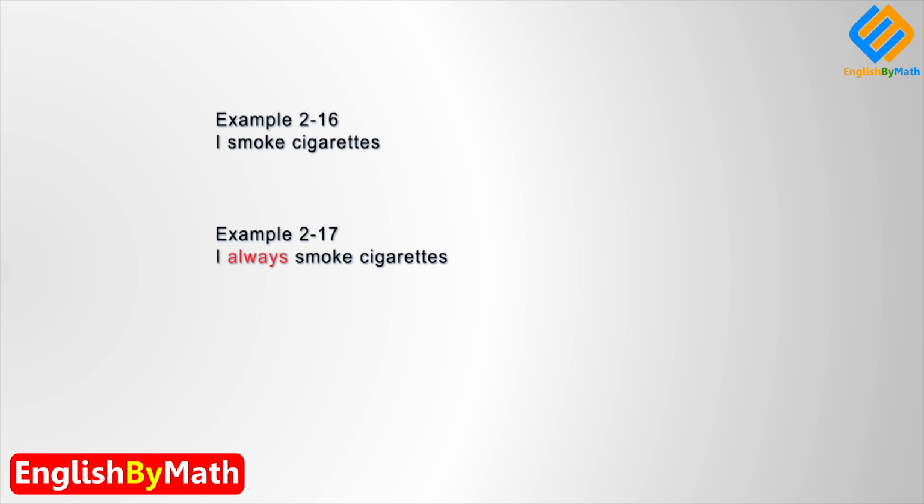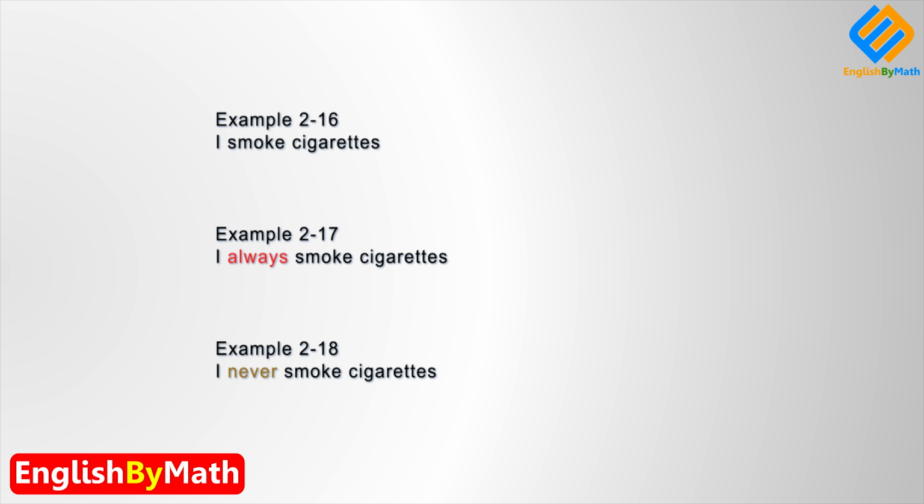The habit of smoking is very strong. The speaker in 217 carries a packet of cigarettes with him at all times, and he might be having health problems because of his smoking habit.